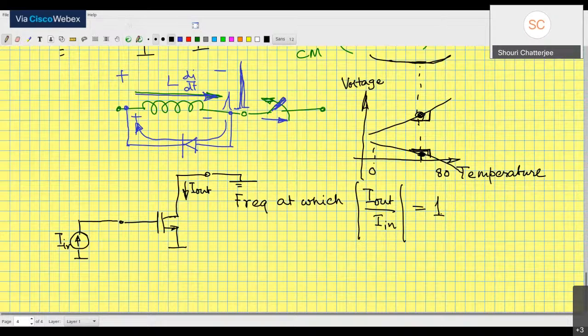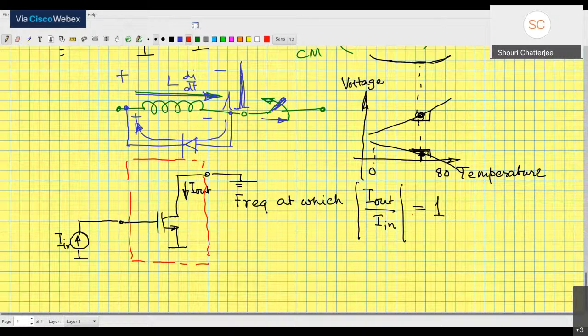All right, so this is the experiment that you have to do. This could be a MOSFET, it could be anything else, it could be an amplifier, it could be any other component, it could be a BJT. It doesn't matter what is inside this. It's a box, a two port network. So the frequency at which I out by I in becomes equal to 1.